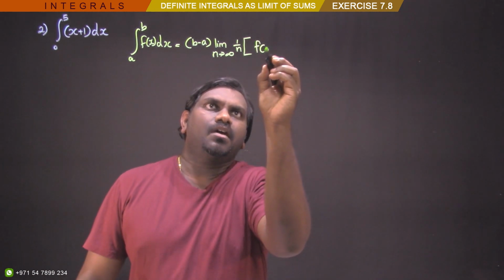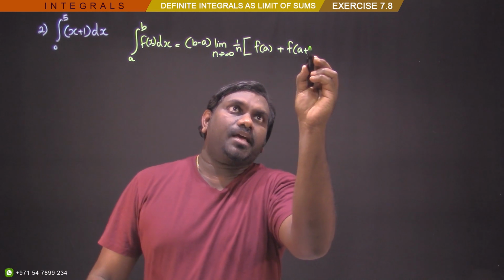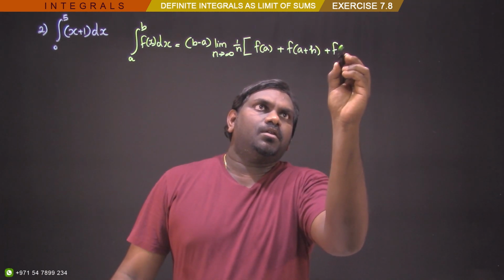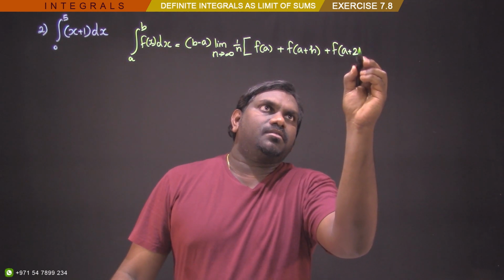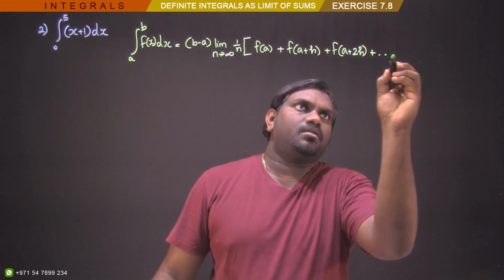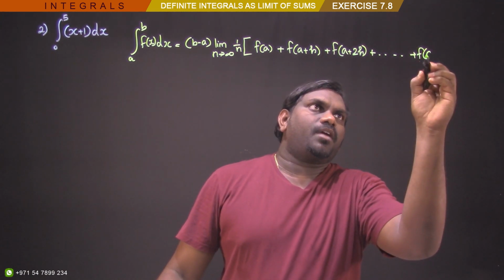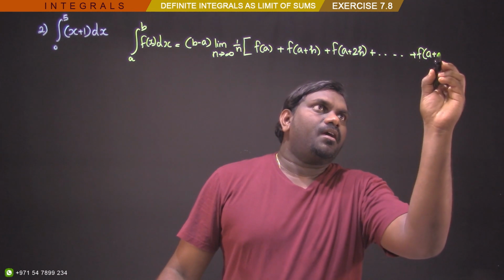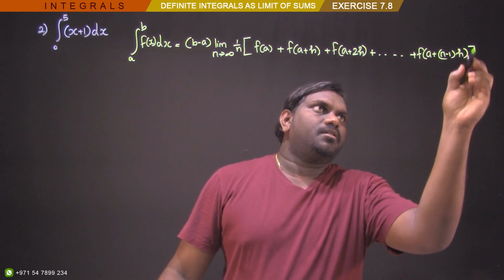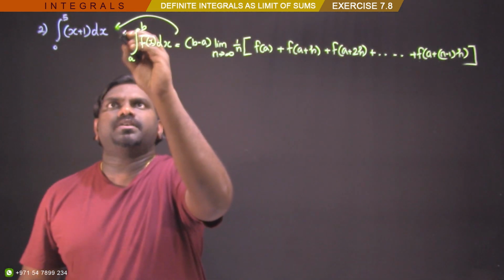What are the terms? f of the first one, plus f of a plus h, yeah, the second one, and then the third one looks like this, 2h, yeah, you need to add like that, and as it goes on you will get f of what? f of a plus n minus 1 h, dear, right? That's it. Fine. So when you have this one, just apply it over here, dear.